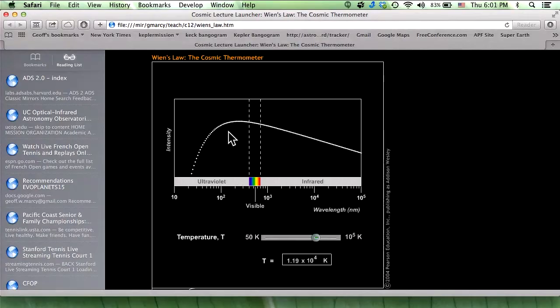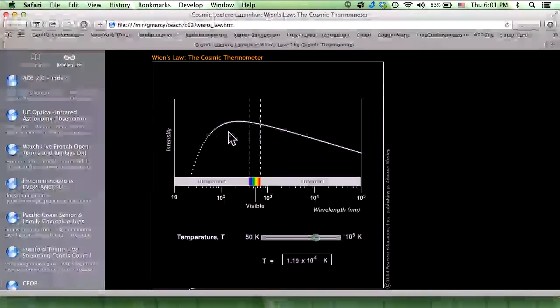What does that mean? Well, remember, shorter wavelength photons are photons that have higher energy. So that makes sense. Hotter objects emit photons that typically have higher energy.